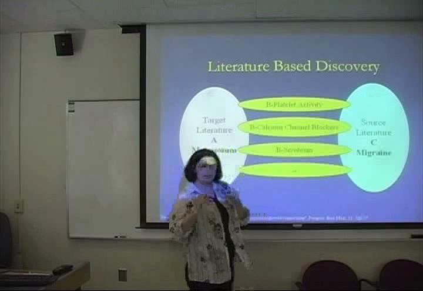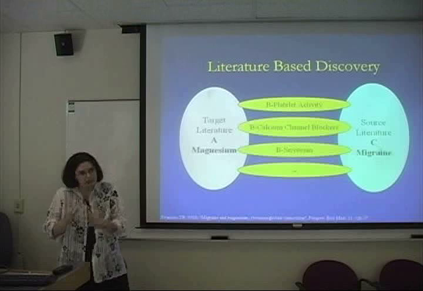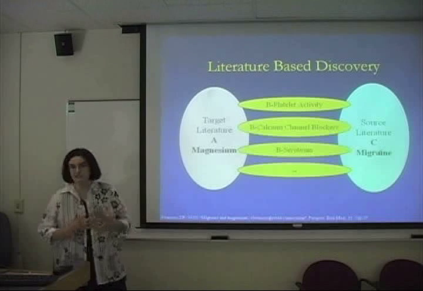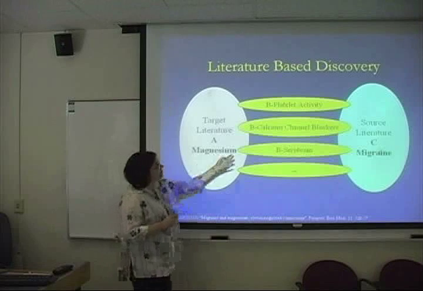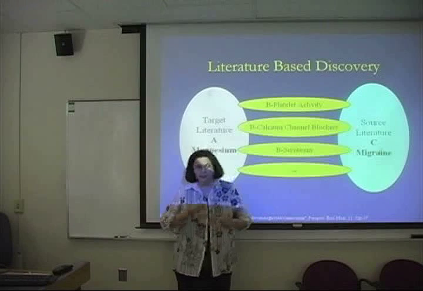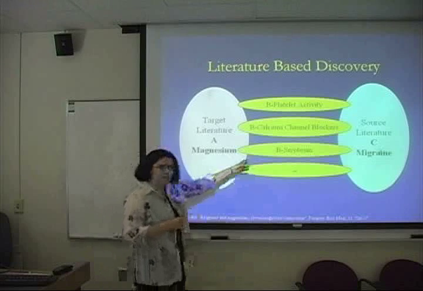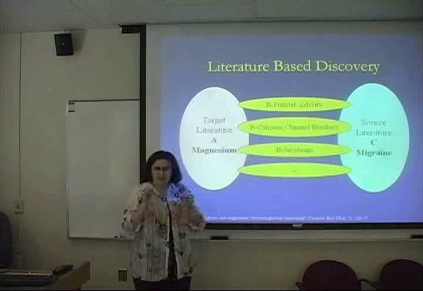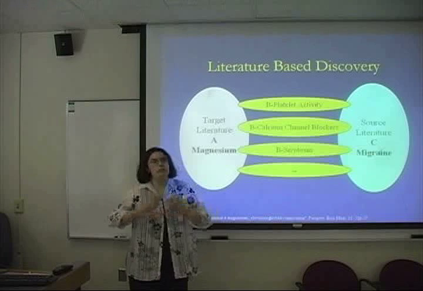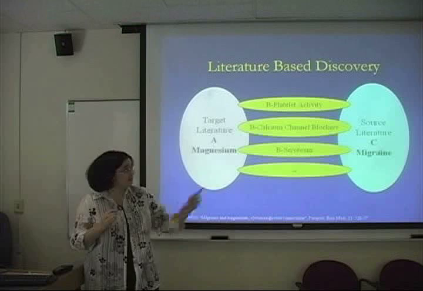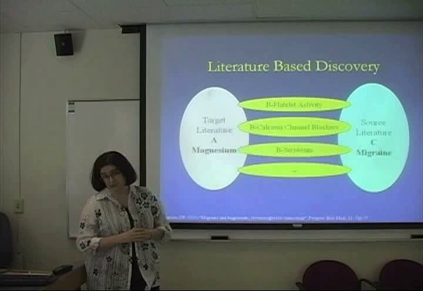And then you can find connections between that medical condition and the physiological reasons that underpin that condition. Here we've got platelet activities, and these are activities in the brain, calcium channel blockers, levels of serotonin in the brain. These are all the reasons why you get a migraine. They're physiological things that are associated with that particular medical condition.